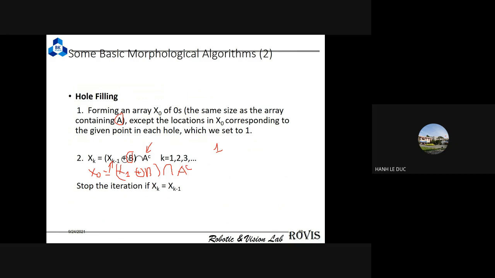And then in iteration 2, what is it? X2 will equal X1 dilated by B, and then intersect with A complement, right? And then the iteration continues, and we stop when the previous and the next one are similar.